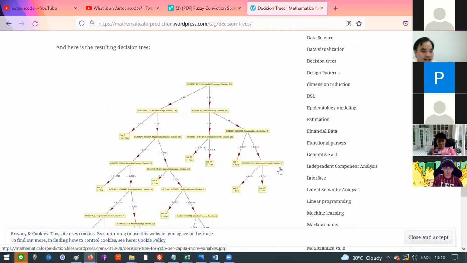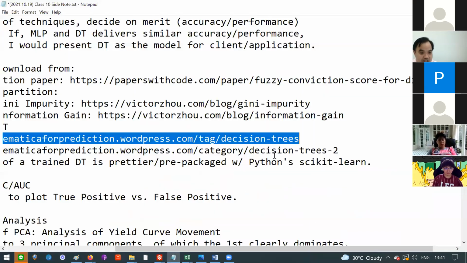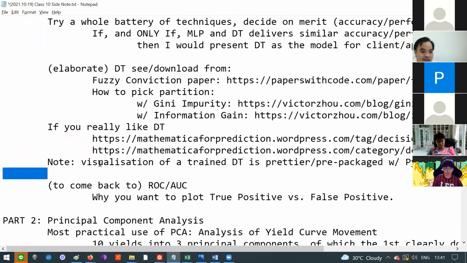Okay. Now, let me make a note that people who use Mathematica usually use more advanced models than decision trees, so they don't pay a lot of attention to decision trees. So if you really want to play with decision trees, you might want to consider Python scikit-learn, because the visualization of a trained decision tree is prettier, more prepackaged.